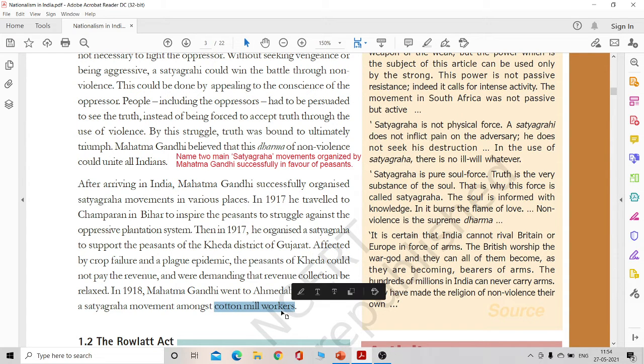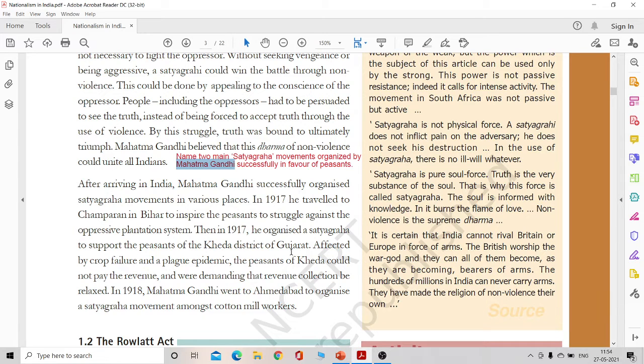So if by mistake you write Champaran and Ahmedabad or Kheda and Ahmedabad, then one mark or half a mark, depending on the marks allotted, will get cut, because it has been mentioned in the question that the Satyagraha was in favor of peasants. However, if the question comes generally, name two Satyagraha movements organized by Mahatma Gandhi, then you can write any of the three.